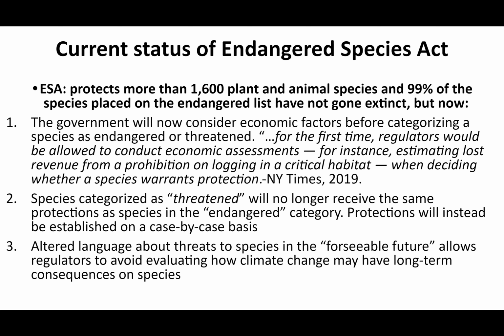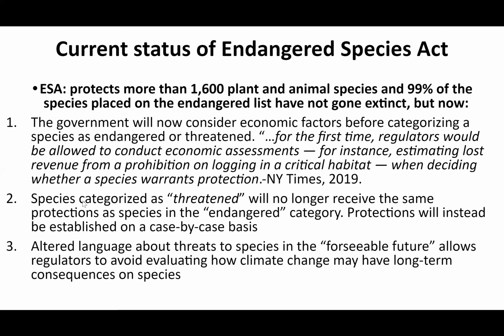And I hope you guys can see that's just a silly thing to do, right? For many reasons, but if the purpose of an act is to protect species, you should protect the species because they need to be protected, not because a logging company might lose a few million dollars, right? So that sort of change in the policy is pretty at odds with the purpose of the Endangered Species Act.